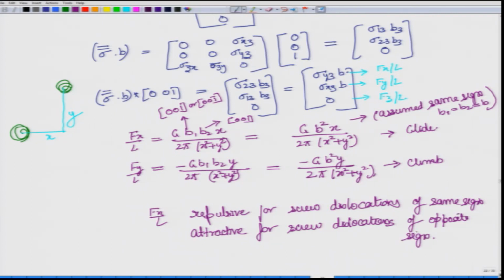So, we have looked at various combinations of stresses arising from different sources, edge dislocation, screw dislocation, acting on edge dislocation and screw dislocation.